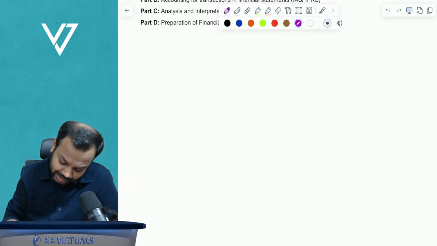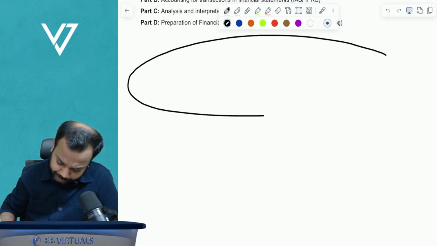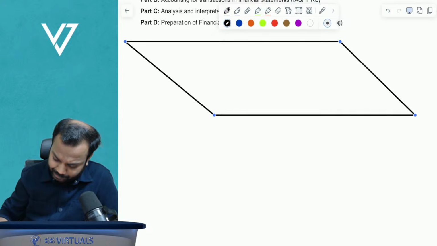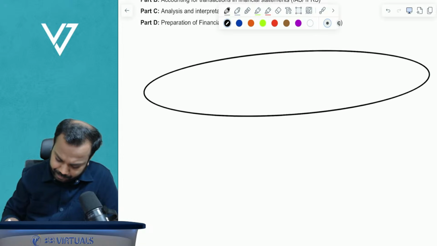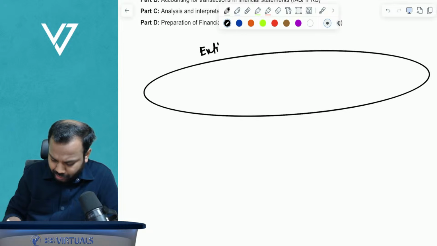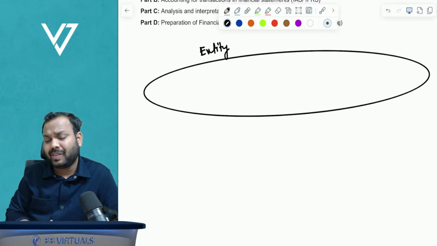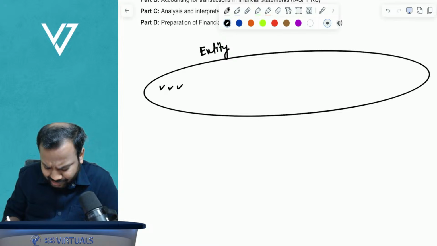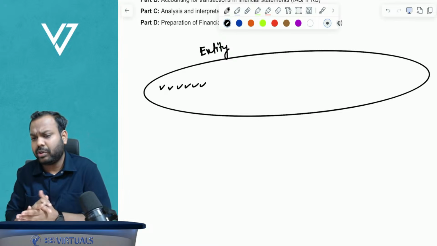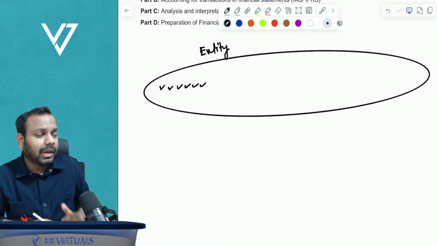Let's suppose this is an entity. This entity does multiple transactions throughout the year. Tell me, yes or no. Sir, what type of transactions?